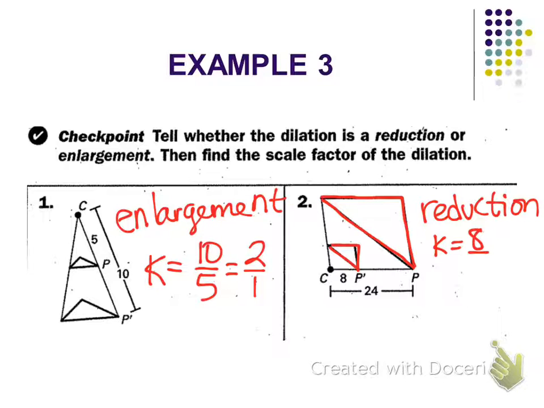Compared to the distance between the center and an original point. Center, original point has a length of 24. Can this scale factor be reduced? Yes, what does it become? 1/3. And again, our scale factor is smaller than 1. It was a reduction, so that makes sense.